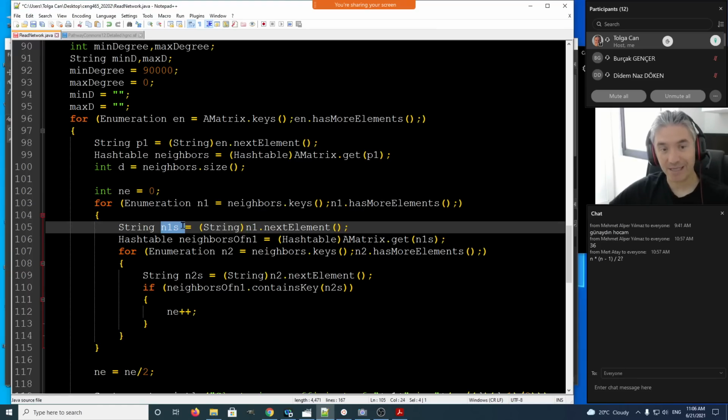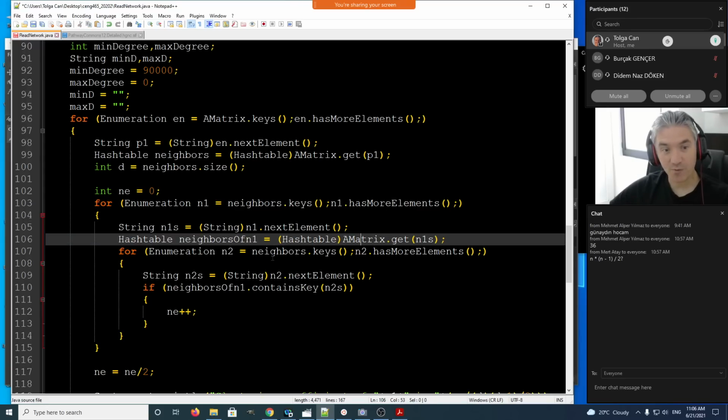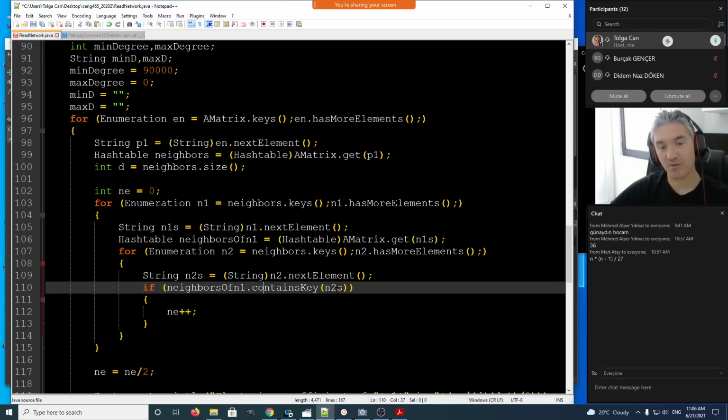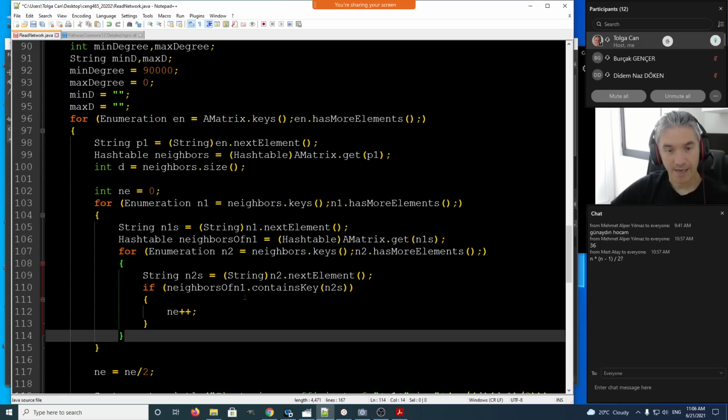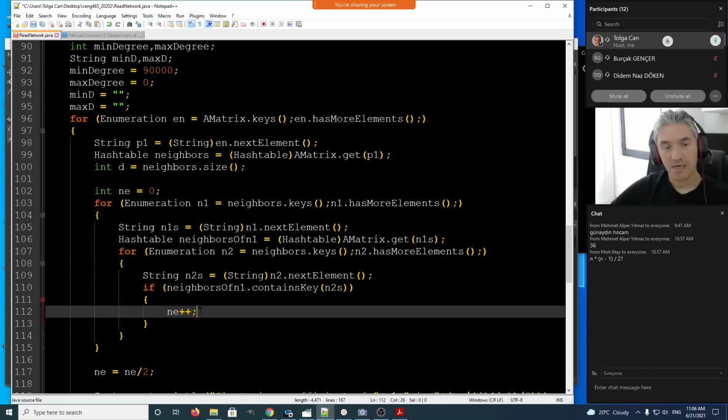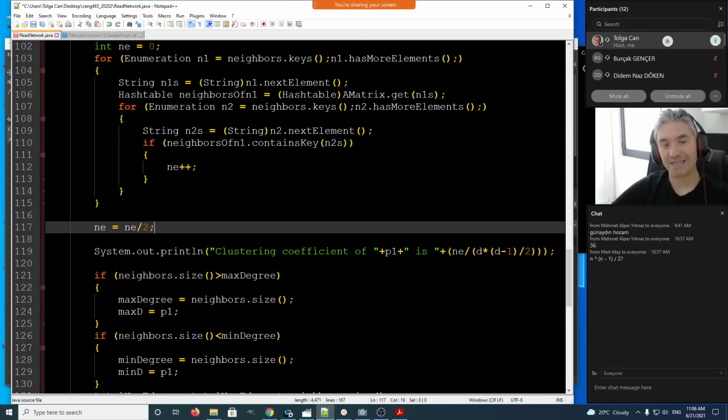I get its string ID from this enumeration, and then for every one of those neighbors, I look at their neighborhood list to see whether one of my other neighbors is in that list too. So I'm looking at two of my neighbors and checking whether there's an edge between them. If there is an edge between n1 and n2, I increment this. Since two of my neighbors are going to interchangeably be n1 and n2 separately, I will be counting each edge between my neighbors twice, so I have to divide it by 2 to get the exact number.